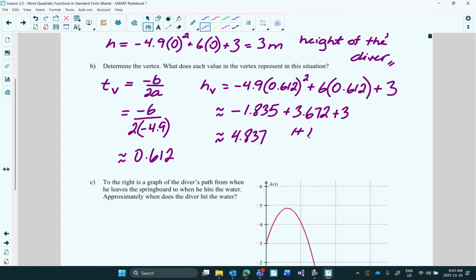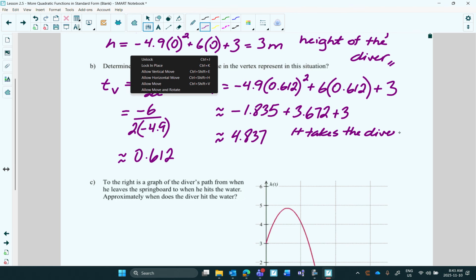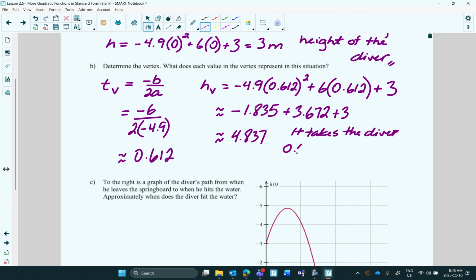So it takes the diver not very long, 0.612 seconds, to reach a maximum height of 4.837 meters. So you see, now we can actually interpret these things.